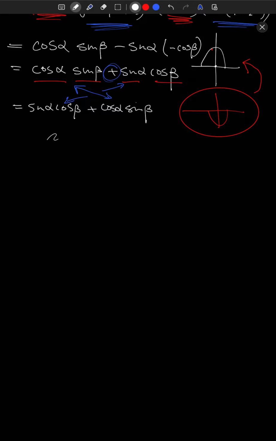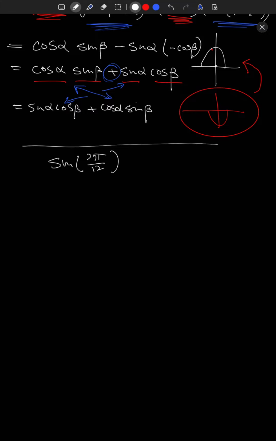All right, so in terms of applications, I'm not going to talk too much about them because they're the same applications that we saw in the last section with cosine alpha plus beta. You can, at this point, do stuff like sine of 7 pi over 12, right?